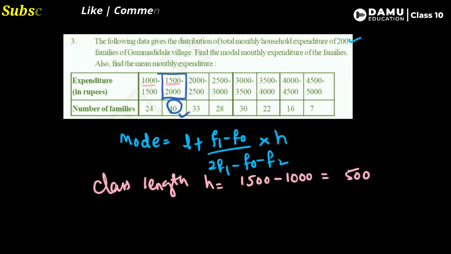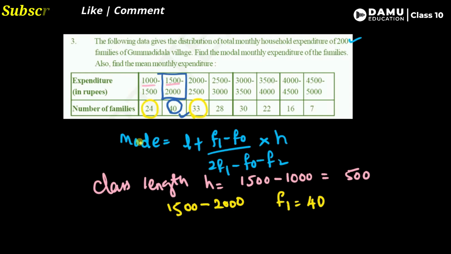Let's write the modal class. 1500 to 2000. What is the frequency of the modal class? That is F1, equal to 40. The preceding frequency is 24, the successive frequency is 33.